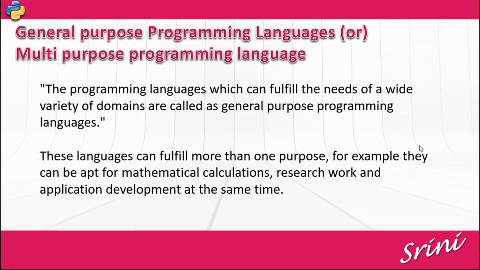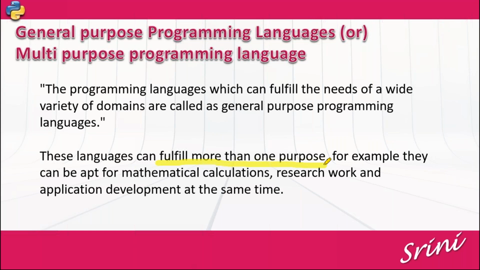What do you mean by general purpose programming language? A general purpose programming language is nothing but a multi-purpose and multi-paradigm programming language. What do you mean by multi-purpose? A language which can fulfill more than one purpose is multi-purpose.